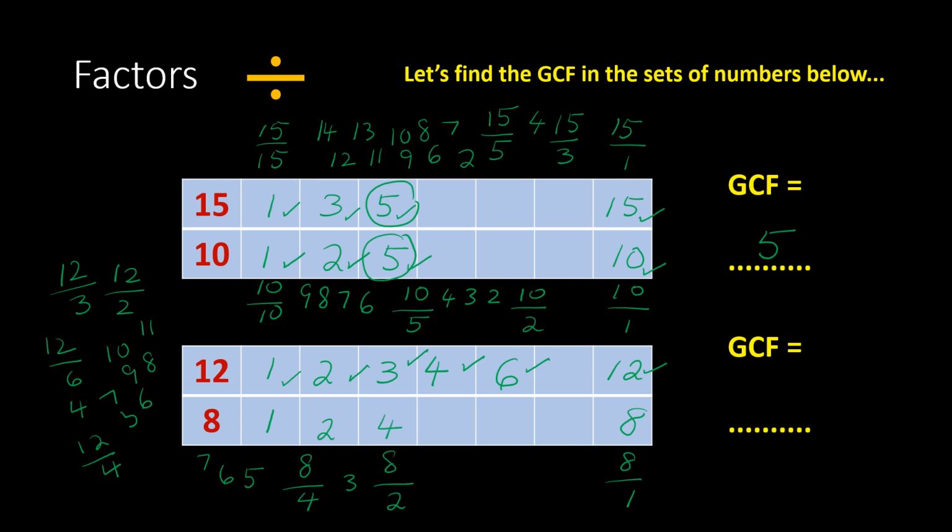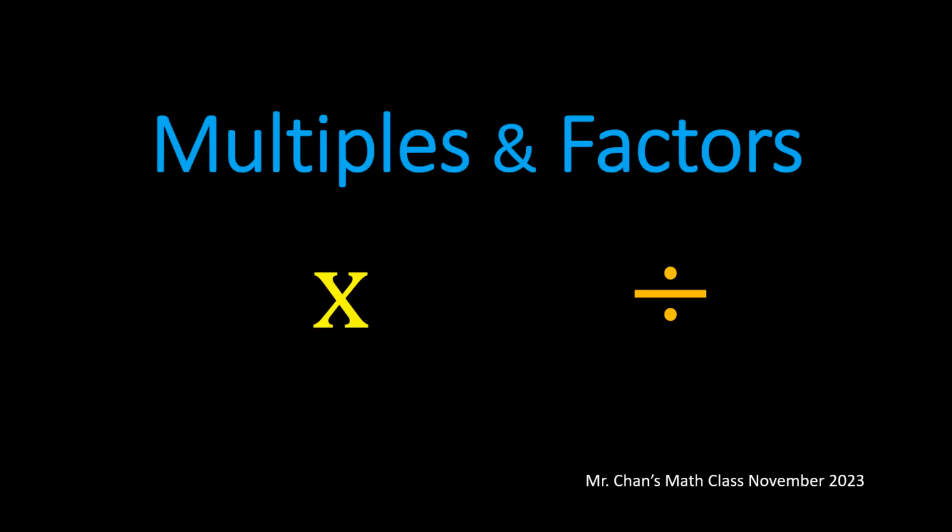And of course, 8 divided by 1, you get 8. So the factors of 8 are 1, 2, 4, and 8. So what is the GCF here? Well, the largest number which is common between the top and bottom number is 4. And there you have it. That's multiples and factors. See you next time.